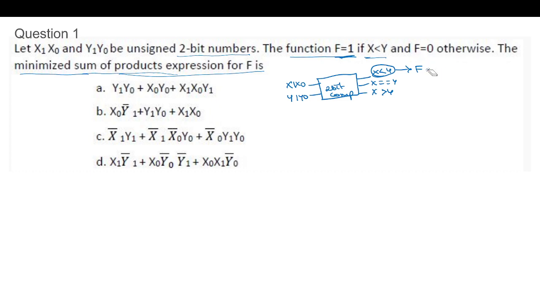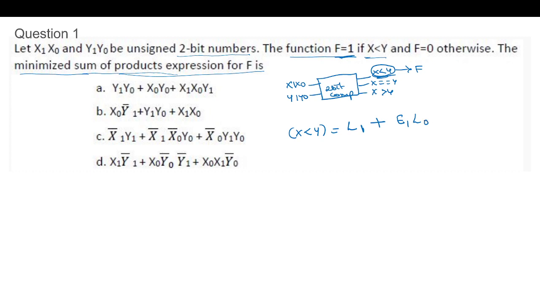So we want to evaluate this function. The function x less than y, we have seen, is either the MSB is less, or it is equal and the LSB is lesser.